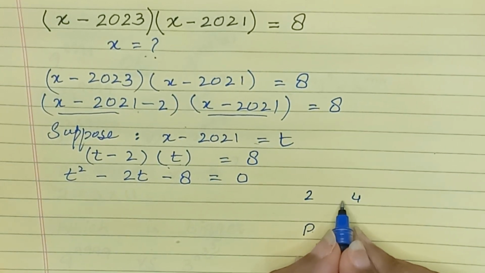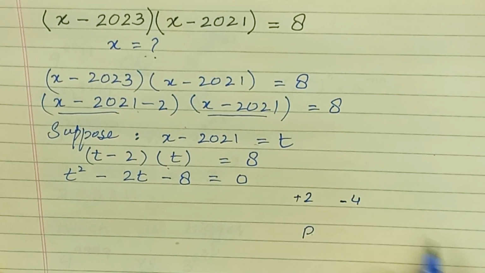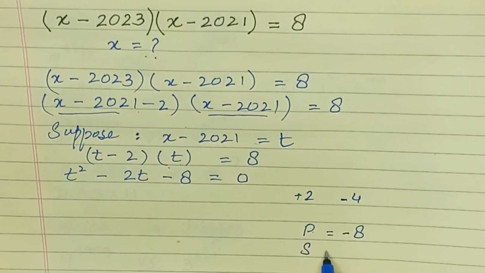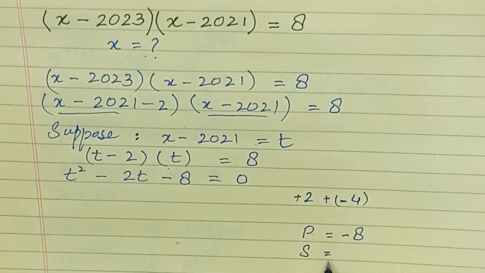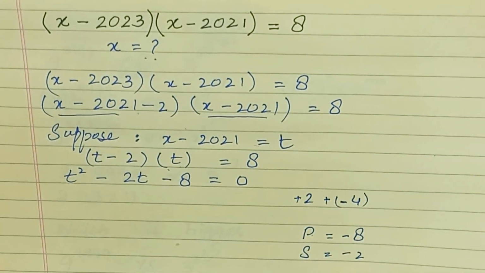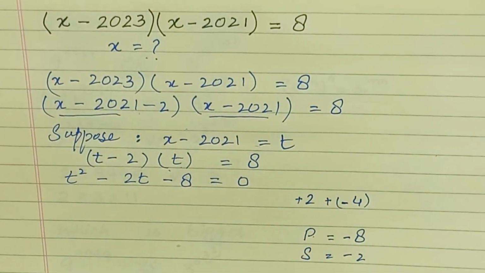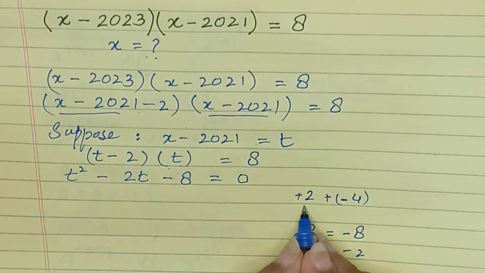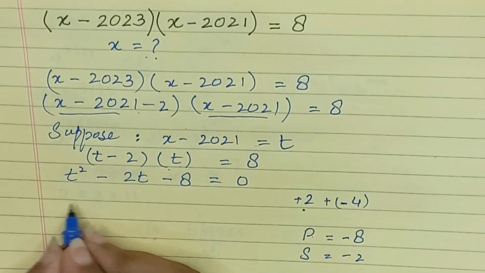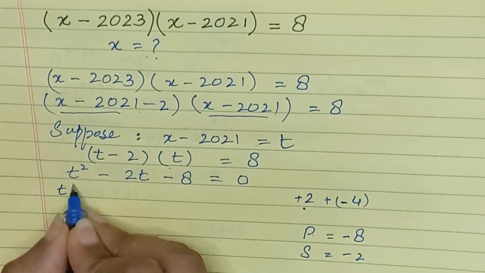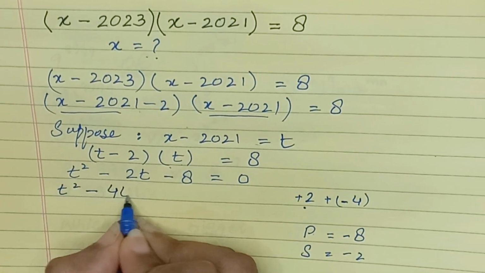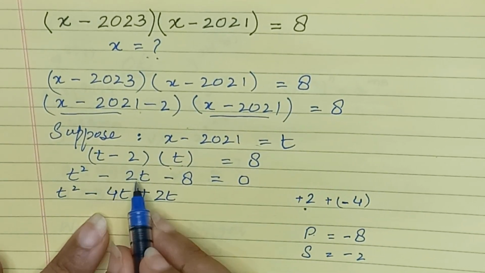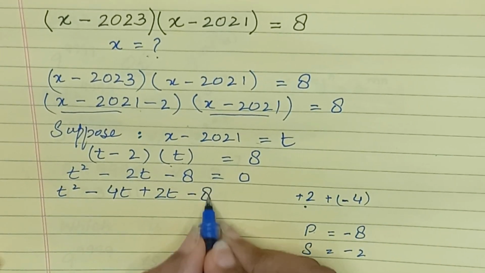If we multiply negative 4 and plus 2, the product will be negative 8 and the sum will be negative 2. So we will replace negative 2t with positive 2t and negative 4t. It will become t² − 4t + 2t − 8 = 0, because negative 4t plus 2t is the same as negative 2t.